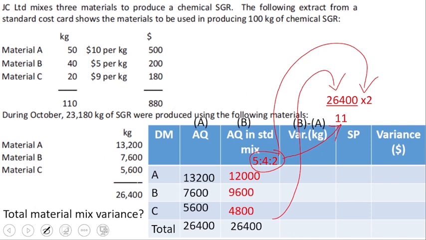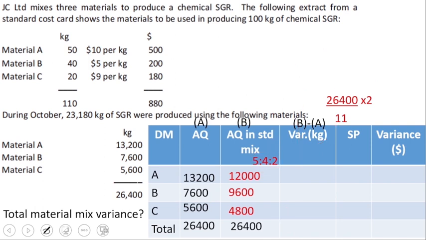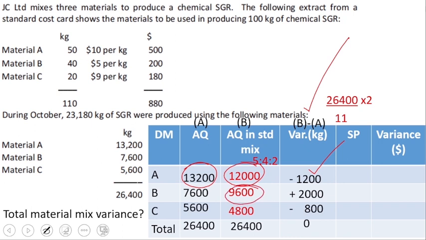So it is 4,800 kg. Now the next column is B minus A. So it is 12,000 minus 13,200, negative 1,200 for A, 9,600 minus 7,600, so it's plus 2,000 for B, and 4,800 minus 5,600 or minus 800 for C. And total will definitely be 0.